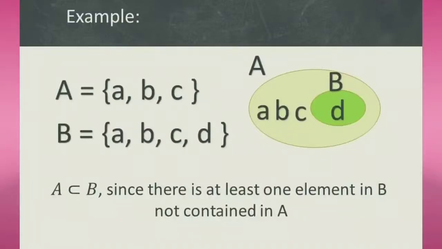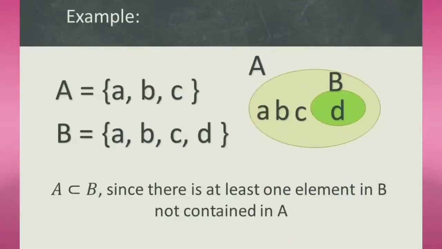Okay, so let's take note of this. We have to write the following elements of B: A, B, C, and D. And we have the elements of A: A, B, C. So, tingnan nyo mabuti. Ano yung mga elements na makikita sa B pero wala sa A? Okay. Element D. Very good.